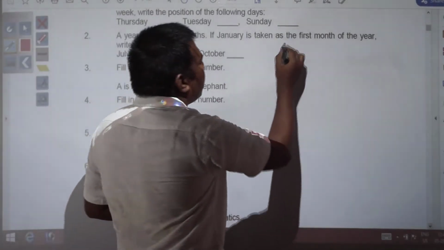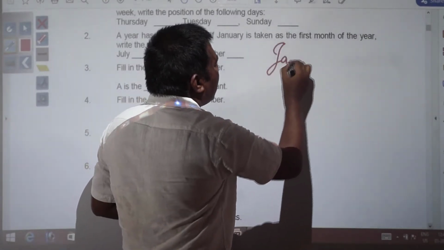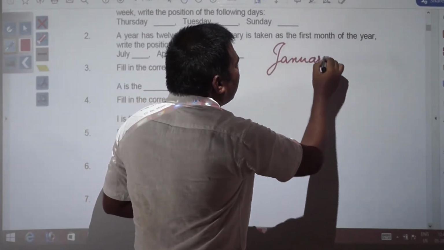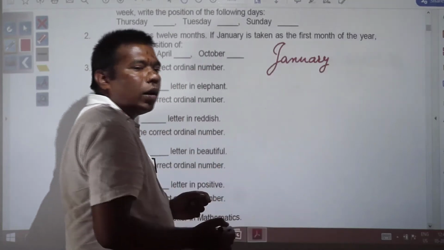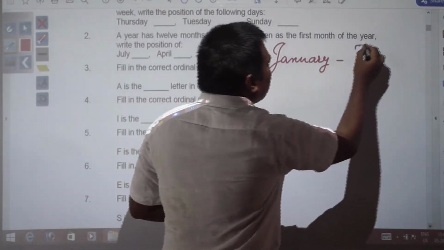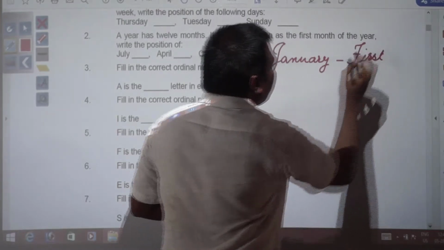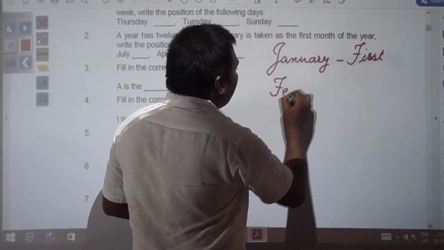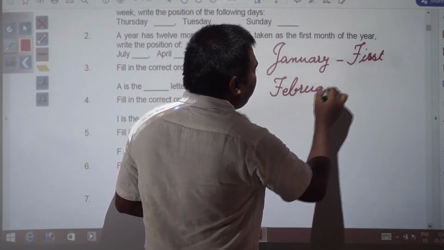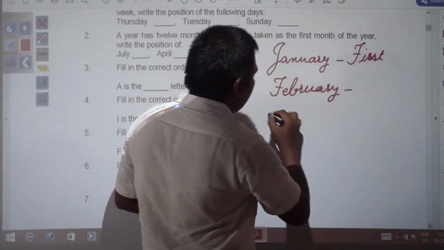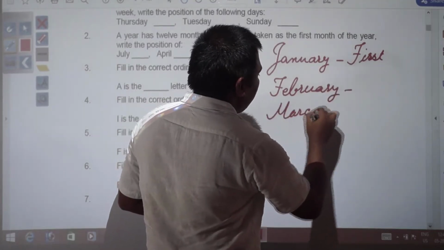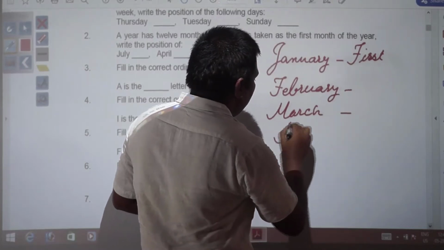Here you see, suppose January is the first month of the year. So this is first. Then you have February, then March, April.